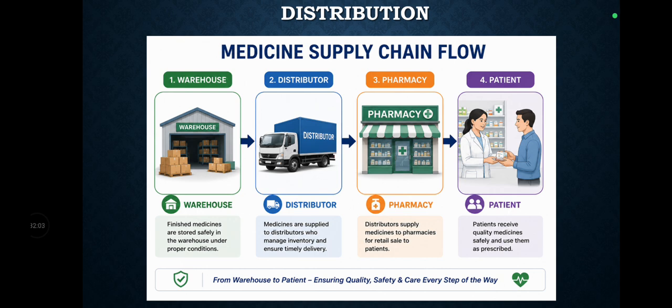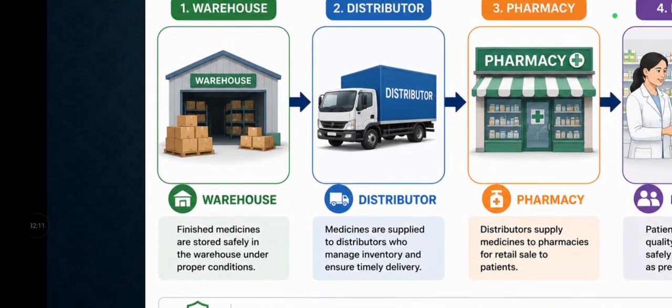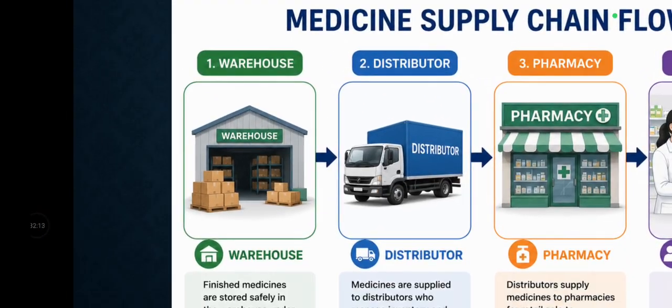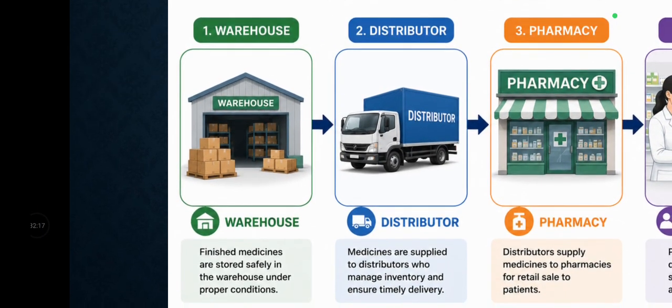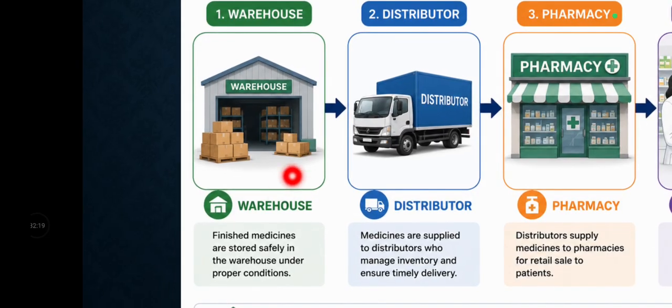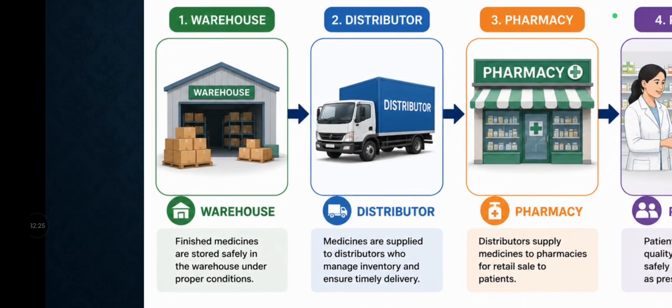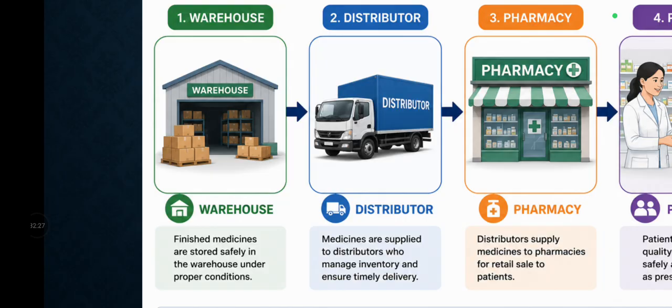Next, the tablet journey is going to distribution, the medicine supply chain flow. How to distribute the tablets? First of all, after completion of all the processes and packing, it will go to the warehouse. The warehouse is where finished medicines are stored safely under proper conditions. After the warehouse, as per demand, it will go to the distributor.